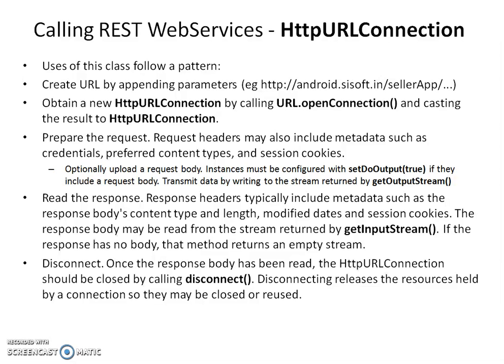We will see later how it's done. Then we start getting the response. We will read the response by getting the input stream, that is getInputStream, and we will get the data, and then we disconnect. So we will go into each step now.